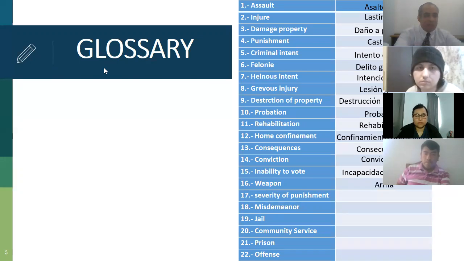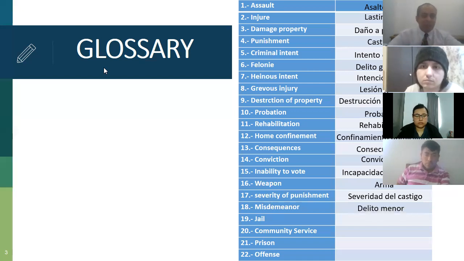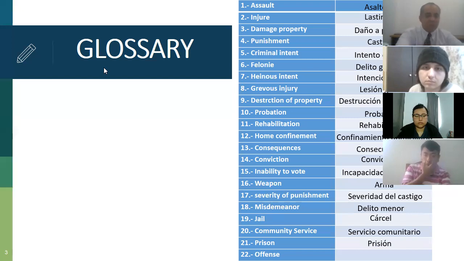The severity of punishments means severidad del castigo. Misdemeanor is another important term in this class that means delito menor. Jails means cárcel. Community service is servicio comunitario. Prisons mean prisión, and offense means ofensa.